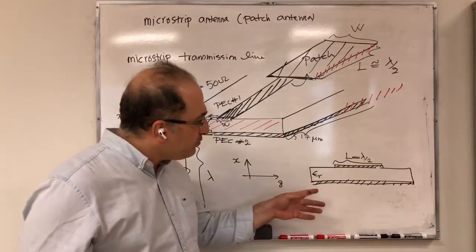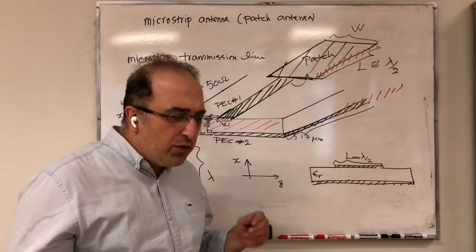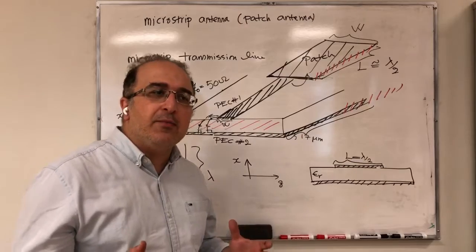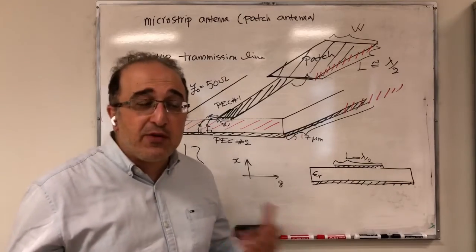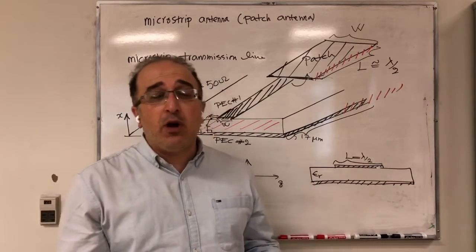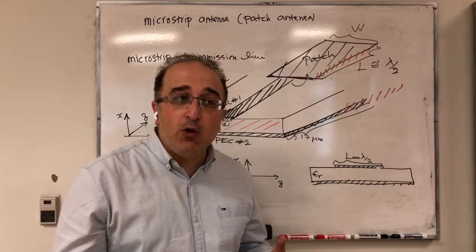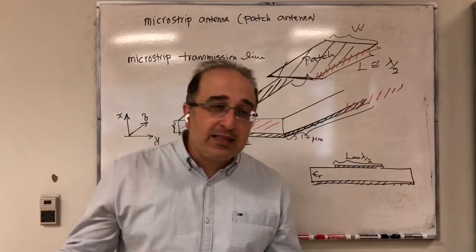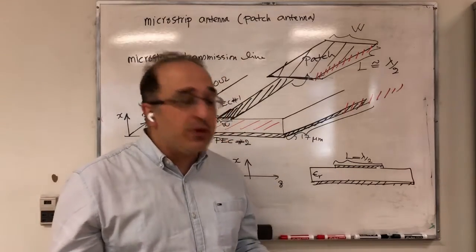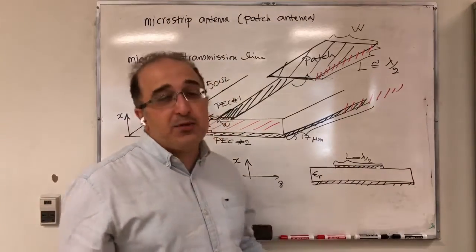Now at this point, you may start analyzing the microstrip antenna from different viewpoints. The simplest one, which to some extent, in my opinion, is the most intuitive one, but has its own limitations, is the transmission line model.